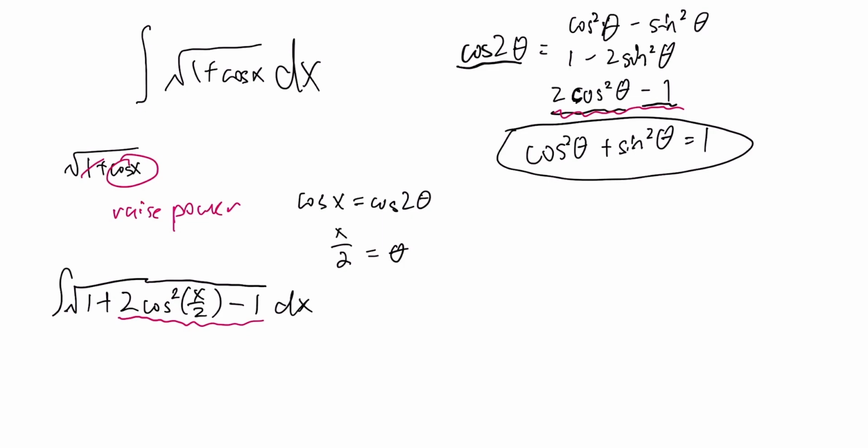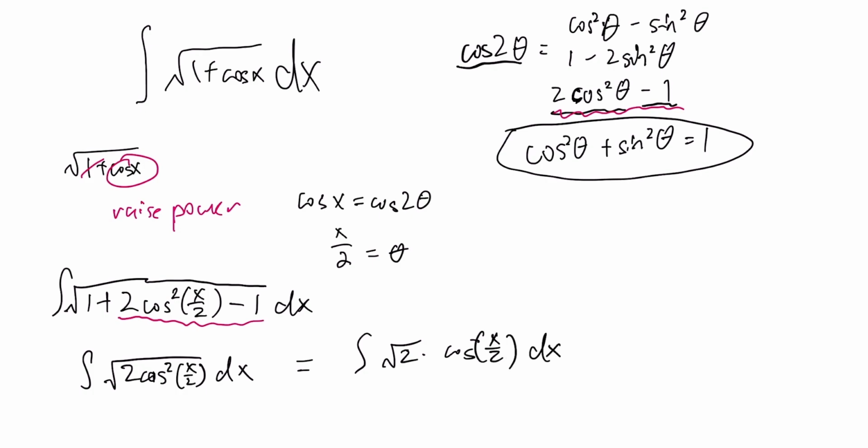So we can see that we get rid of our constant term, and our cosine is now a second degree term. So what we have is the square root of 2 cosine squared of x over 2, dx. Of course, this is equal to the square root of 2 times cosine of x over 2, dx.